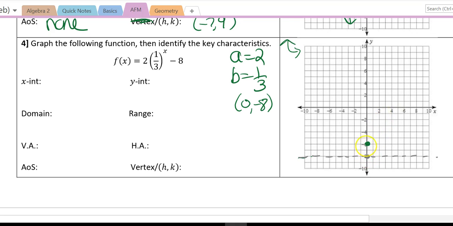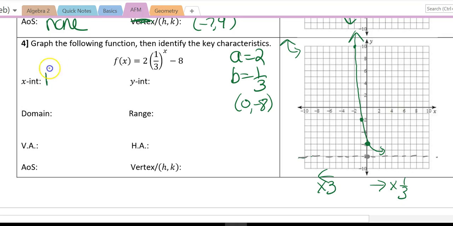So we're going to multiply and go to the left. So 2, and then as we go to the left, we're going to multiply by 3. If we go to the right, we have to multiply by 1/3 or divide by 3. So a height of 2 becomes a height of 6. So 2, 6, and then 6 times 3 is 18. I believe that just fits in there. So very steep decay.